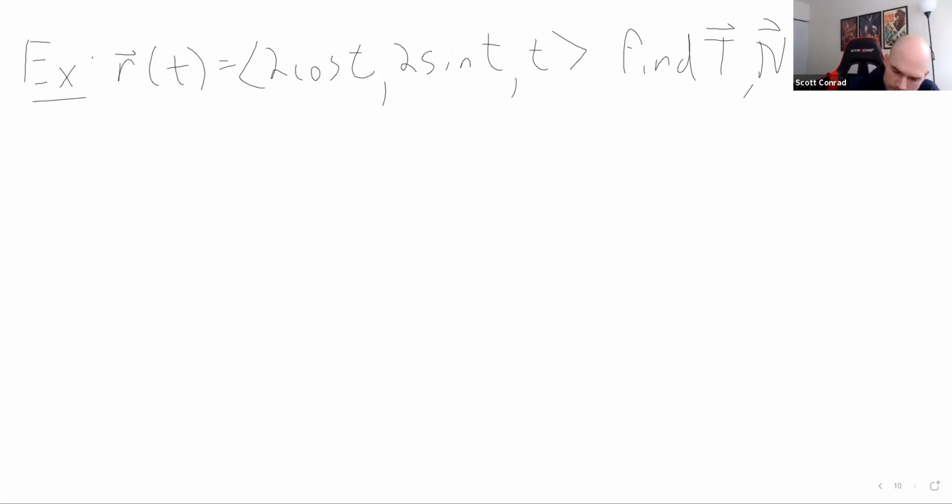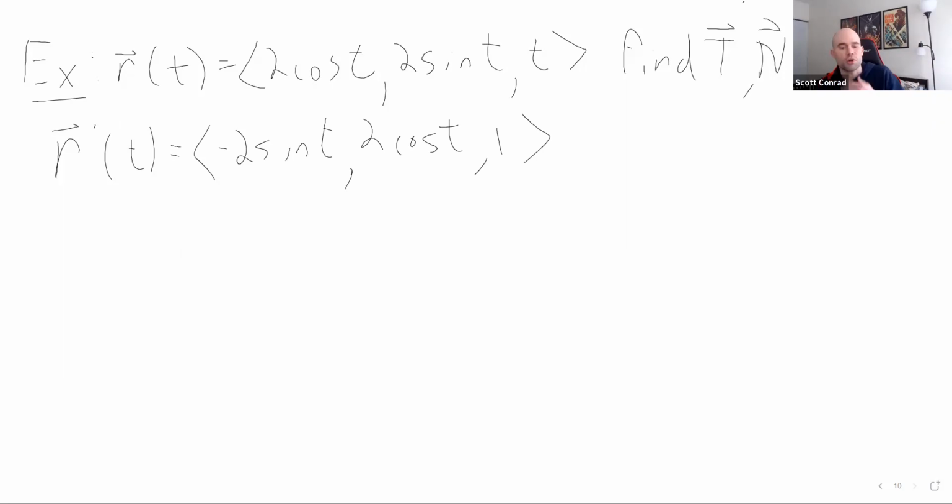So we're going to need to do these step by step. So first, you need to find the unit tangent. So for the unit tangent, you need r prime. So r prime t is going to be negative 2 sine t, 2 cos t, and 1, taking the derivative component by component.